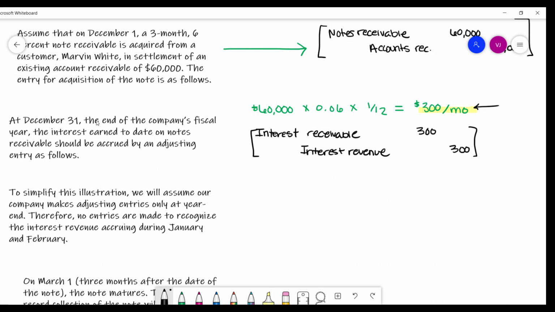So for this, to simplify our illustration, just to illustrate the concept, we're going to assume that this company makes adjusting entries only once a year at year end. So we're going to assume that for January and February, those next 2 months that the note will not be paid off yet, that no entries were made in January and February to record this entry of interest revenue for those 2 months.